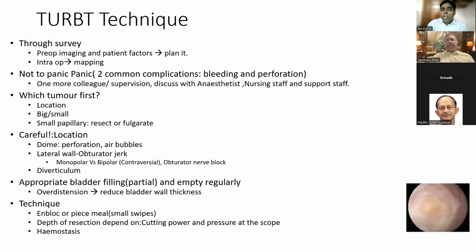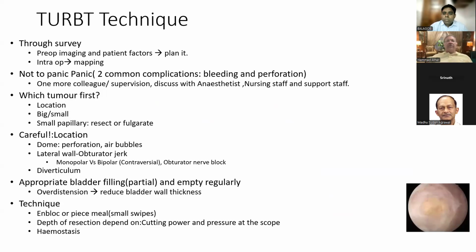So if you get a large amount of tumor, do you start with the floor of the bladder, or you start with the dome, or where do you start? I personally don't have a clear distinction of where to start, but typically I start from the floor because dome of the bladder bleeding is extremely bothersome and it tends to disturb your resection.